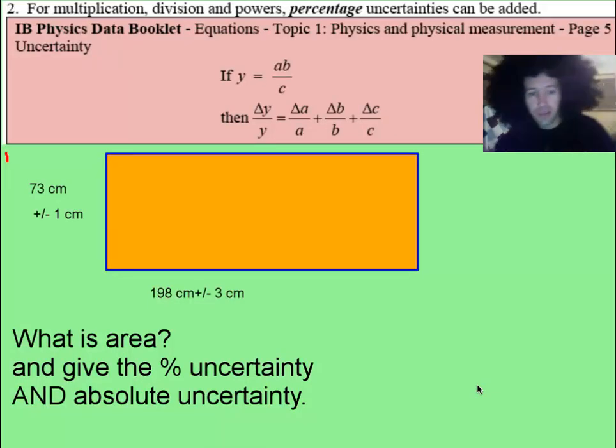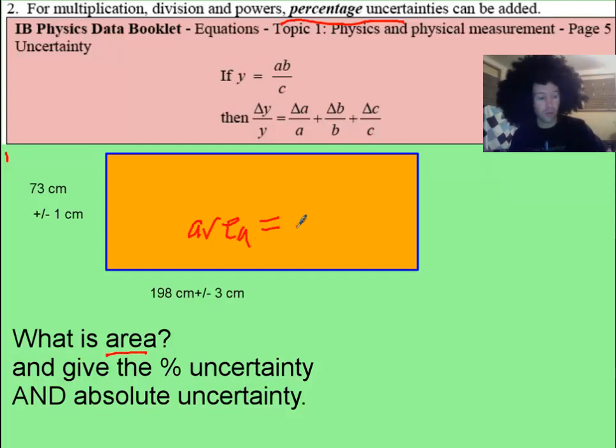When you multiply or divide lab values with uncertainty, it gets a little tricky, because the rule, if you look up here, is that you have to add up the percent uncertainties. So take a minute and pause it, and for this rectangle, try and solve for the area, the percent uncertainty, and the absolute. Hopefully you got that the area, when the calculator spits out, is 14,454 square centimeters.